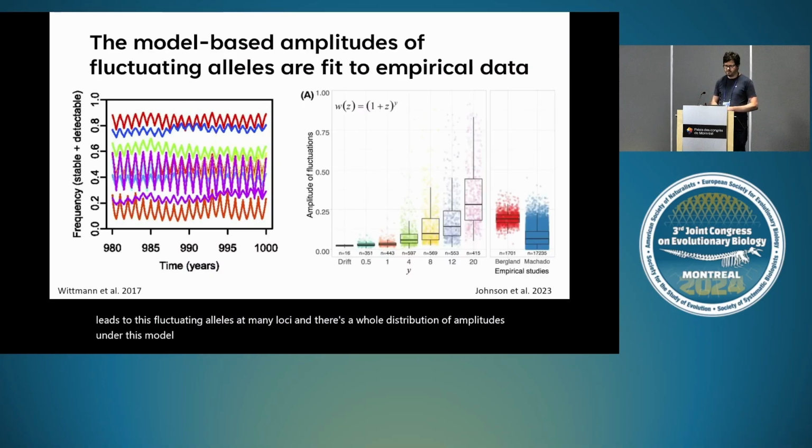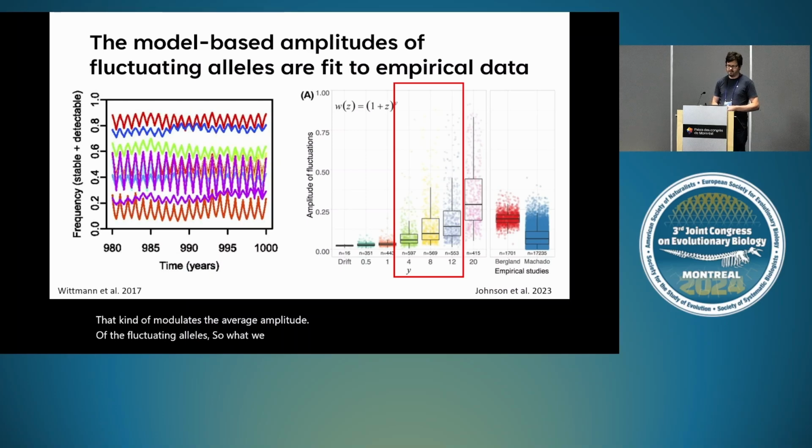We simulated under this model, and we found that there's a single parameter, the epistasis parameter, that modulates the average amplitude of the fluctuating alleles.